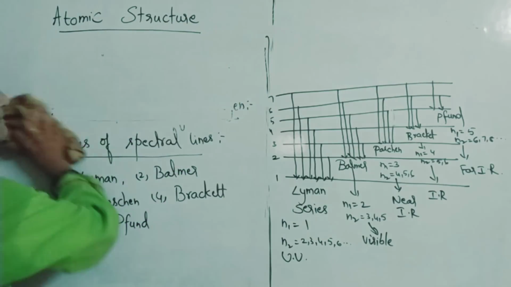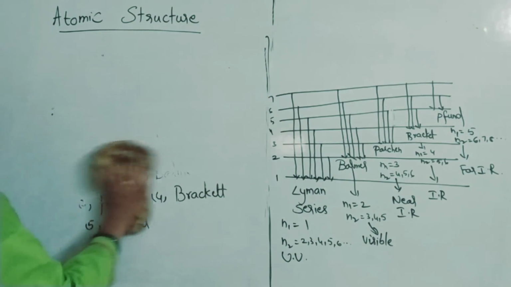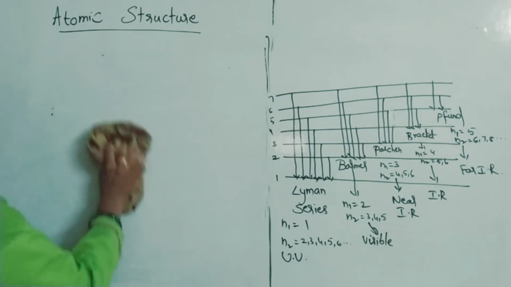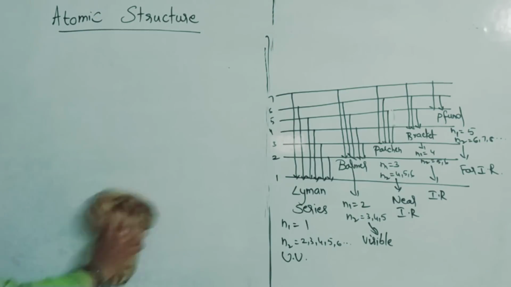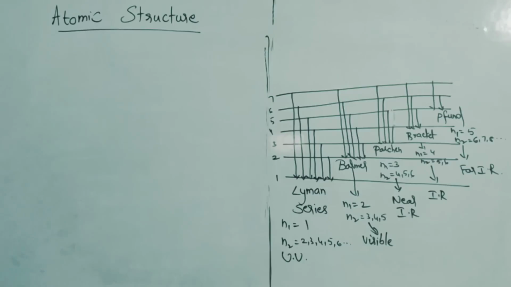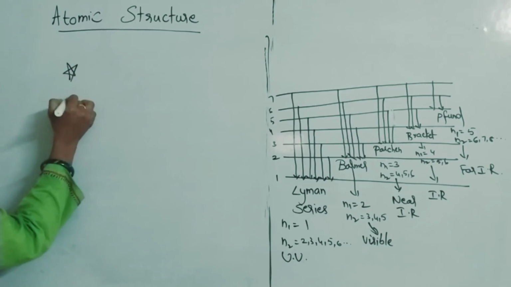What is the best way to find out the number of spectral lines formed when an electron jumps from any of the higher energy levels to a lower energy level? The number of spectral lines, this is a very important formula.